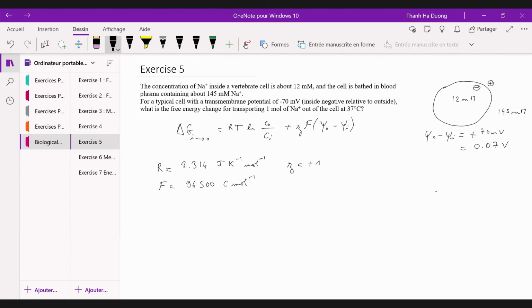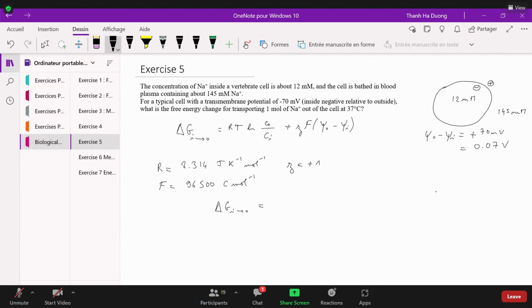Teacher, what is between T and the concentration? The equation, I asked about the equation. The temperature is in the formula. You have RT, right?